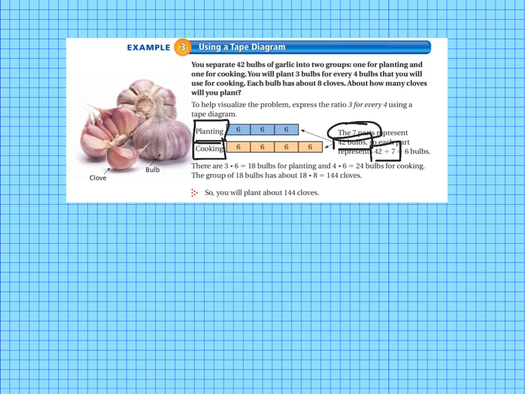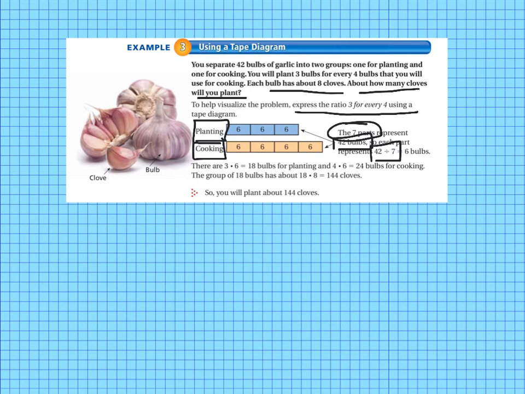And it says each bulb has about 8 cloves. About how many cloves will you plant? And it said to help visualize the problem, we're going to express the ratio 3 for every 4 using a tape diagram, which is what we've been working on here.